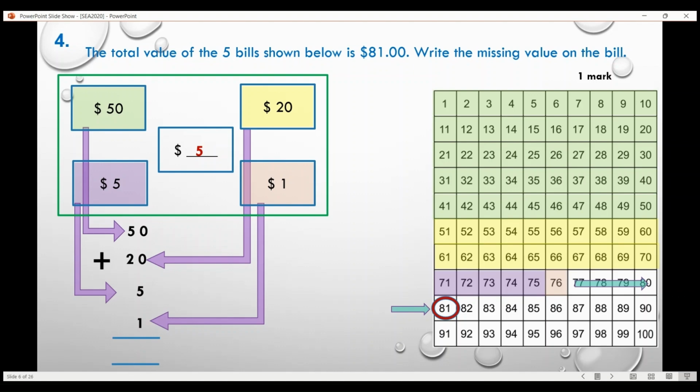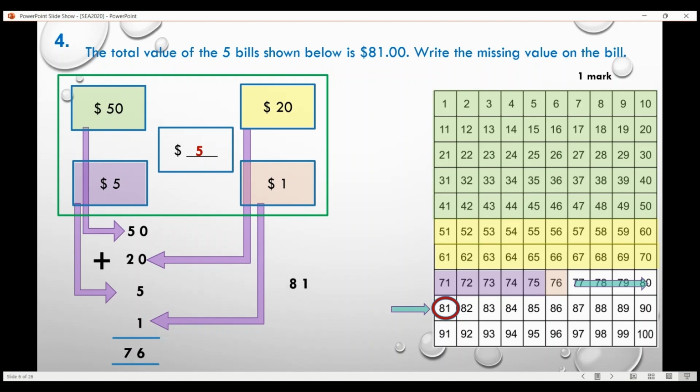If we add the ones column, we're going to get 0 and 0 and 5 and 1 is 6. And we add the tens column, that will give us 76. And if you looked at our 100 chart, it did the same thing. It added 50 and 20 is 70 and 5 is 75 and 1 is 76. And since teachers normally use one of these two methods, let's continue here.